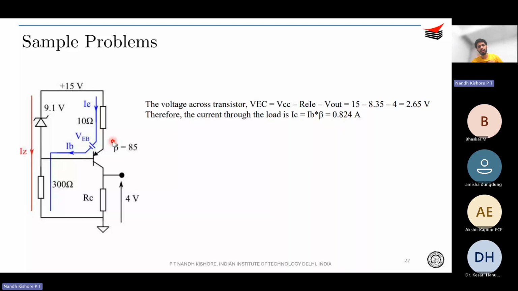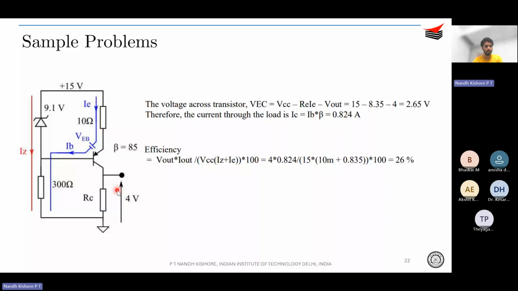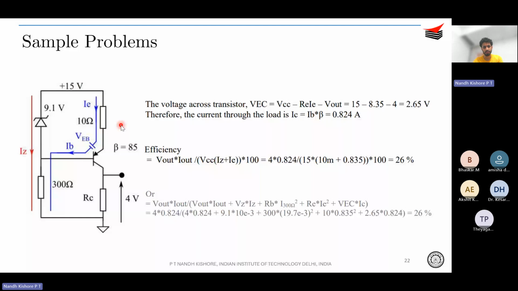The current through the load you also get as IC. Therefore, the efficiency is V naught I naught by V in I in. V naught I naught is VC into IC, and V in I in is VCC into IZ plus IE, which gives 26%.